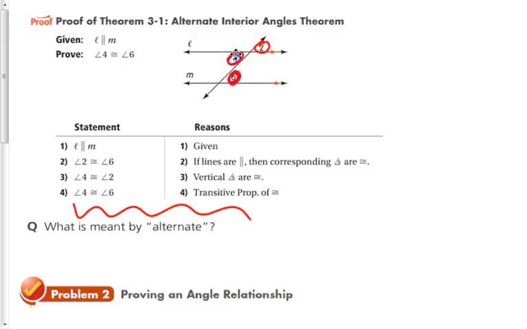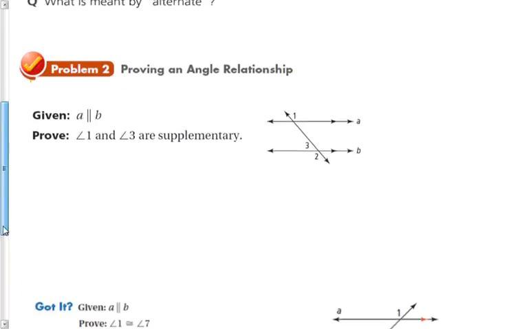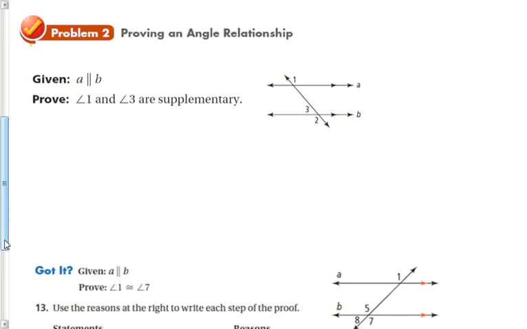All right, so let's do another one. Given that these two lines are parallel, we want to prove that angle 1 and angle 3 are supplementary. The way we can do that is, first we'll say that A is parallel to B, and that's our given.